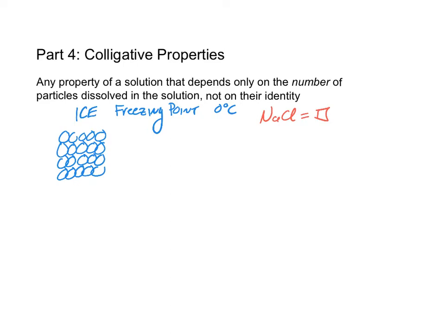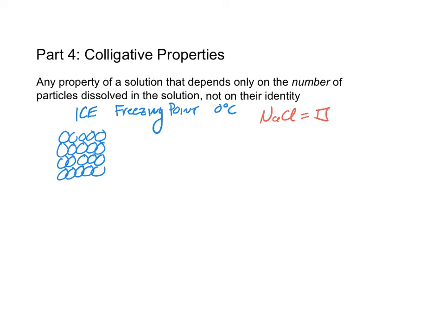And as a result, water has a difficult time forming a solid when it's got other particles dissolved in it. The reason is that the ions from the salt get in the way of the intermolecular forces of attraction between the polar water molecules.